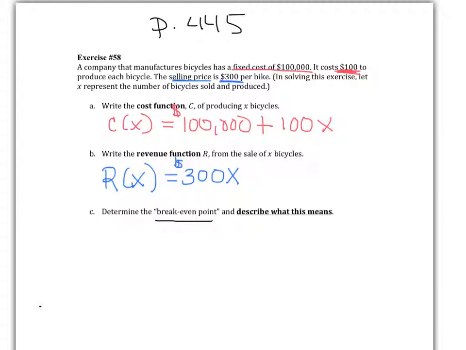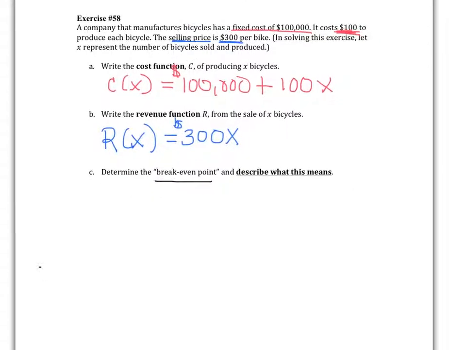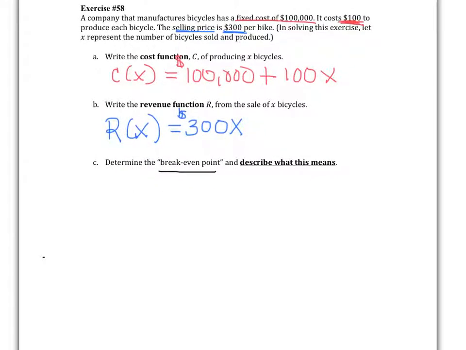I'll talk about it after we have all our information. So we want the break-even point, so we need to write a system of linear equations. Well, we already have a system, right here and right here.